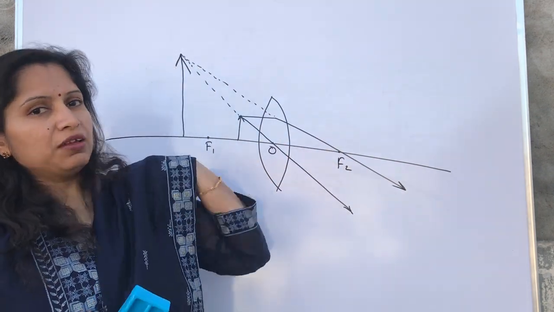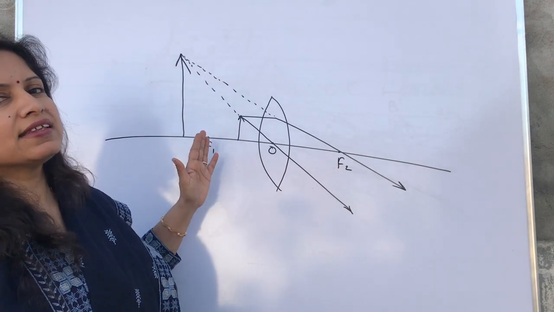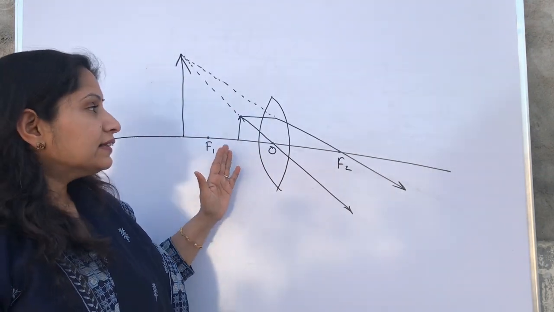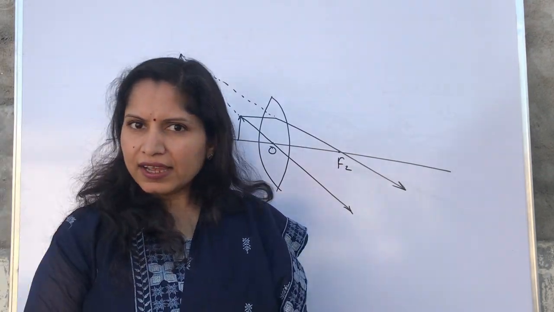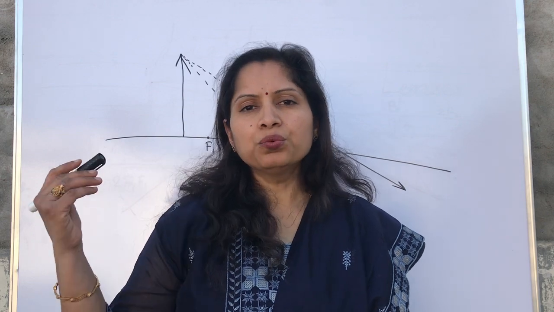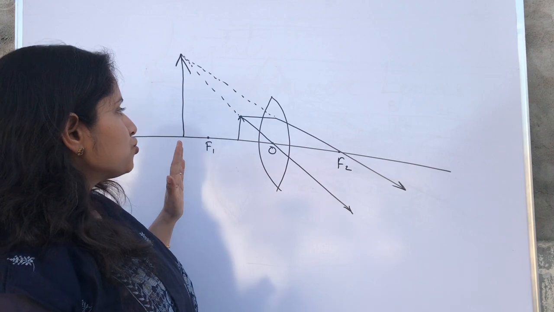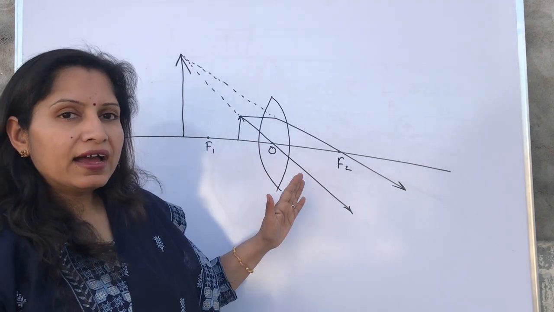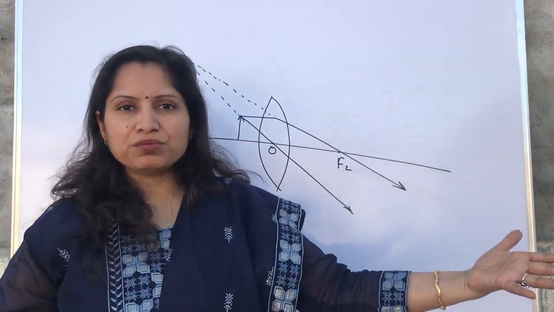So we just say that the image is formed on the same side as that of the object. The nature of the image: are the light rays actually intersecting with each other? No. So whenever they are not intersecting really, we call it a virtual erect image. So the image formed is a virtual erect image, and that is an enlarged image.